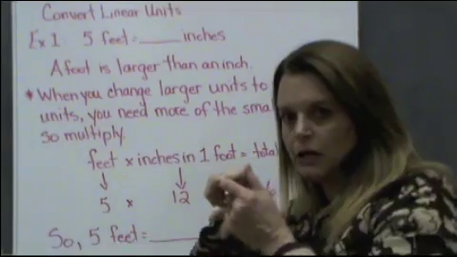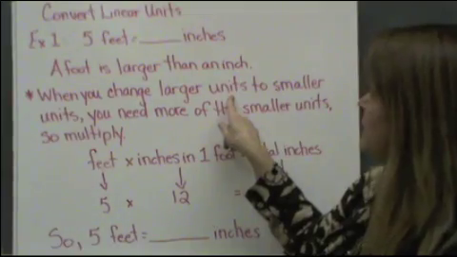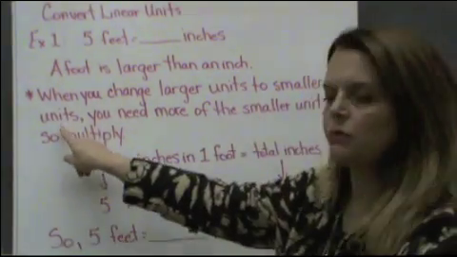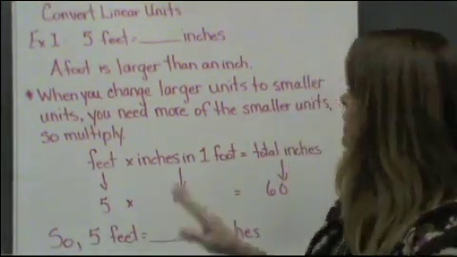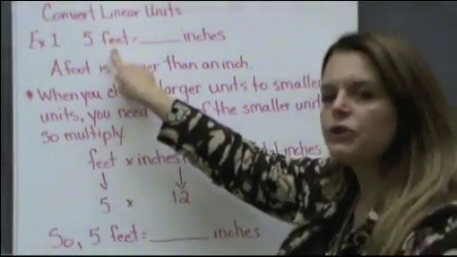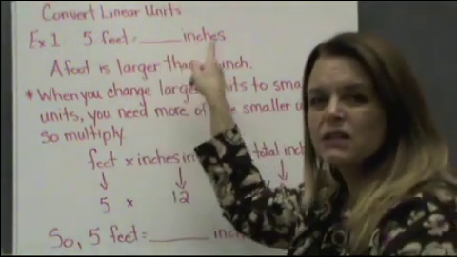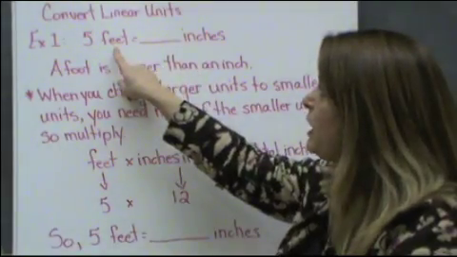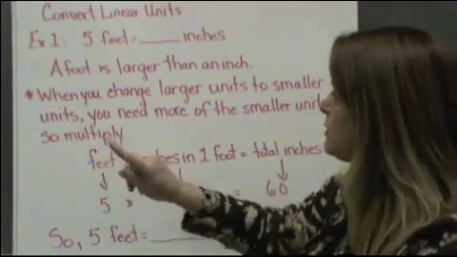Foot, inch. And when you change larger units to smaller units, you're going to need more of those smaller units, so you're going to need to multiply. So when you go from a larger unit, feet, to a smaller unit, inches, it's going to take more inches than it took feet, so you're going to have to multiply. So when you need more, multiply.